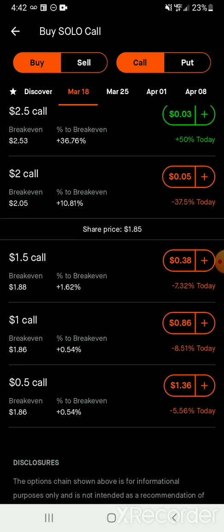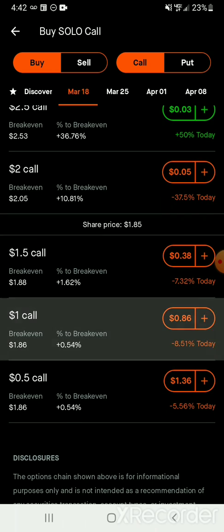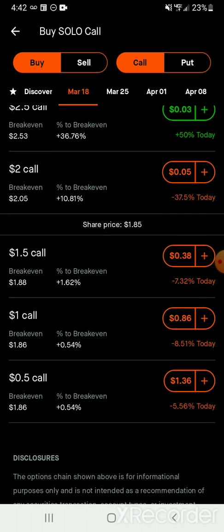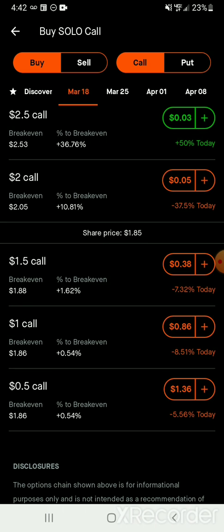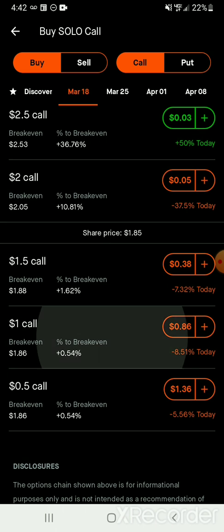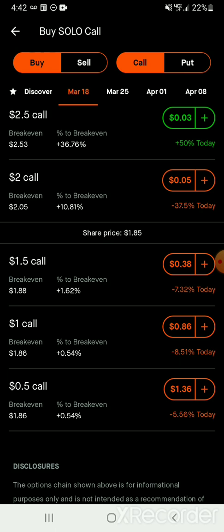Instead of letting it expire worthless, you could instead exercise the contract. The $1 call option represents 100 shares. Every contract does. So, if I wanted to exercise this call option here, it would basically let me buy 100 shares at $1 per share.